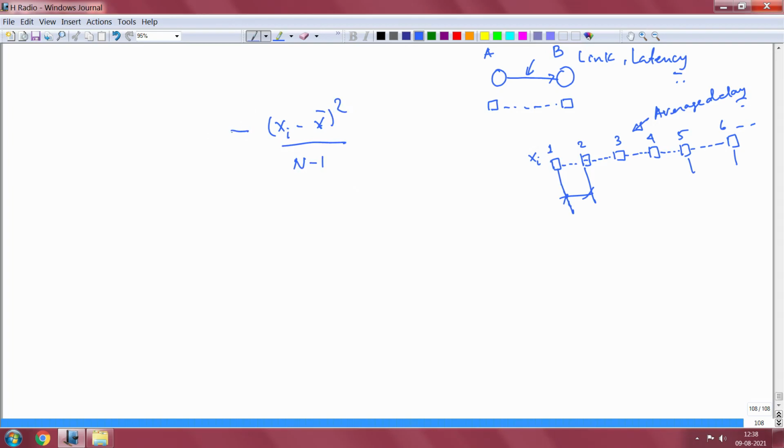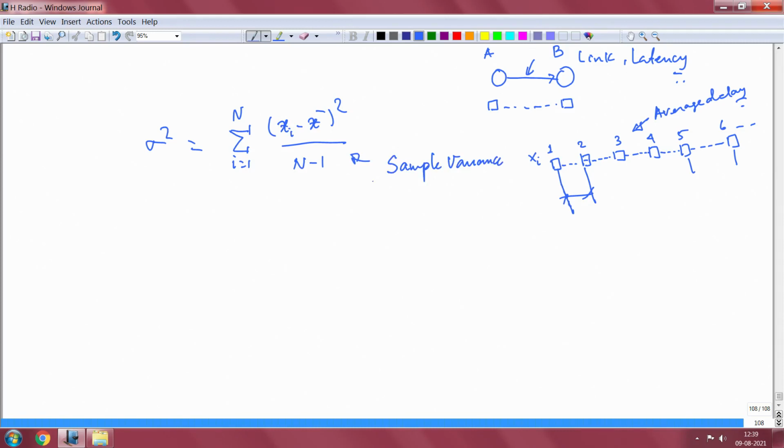So, essentially you can put a summation here. This is your jitter calculation. In fact, you should be using small x, so let me be precise and put a small x. Basically, you are talking about sample variance; this is actually sample variance.